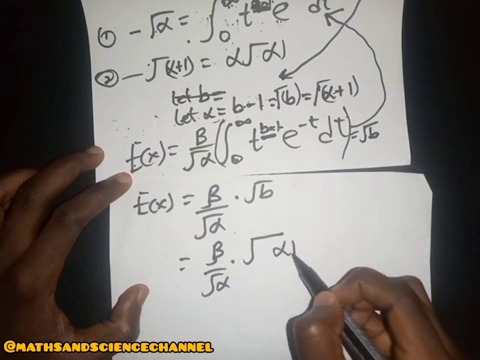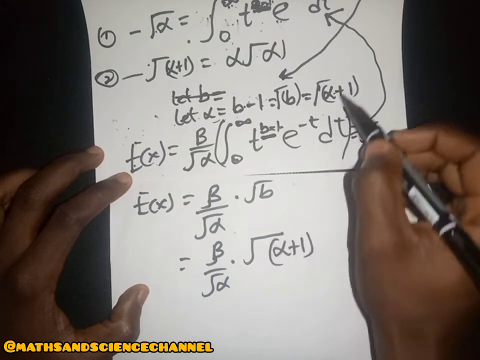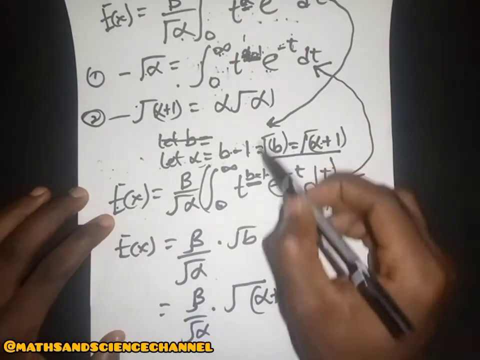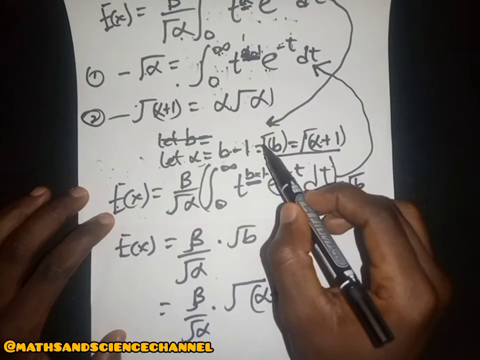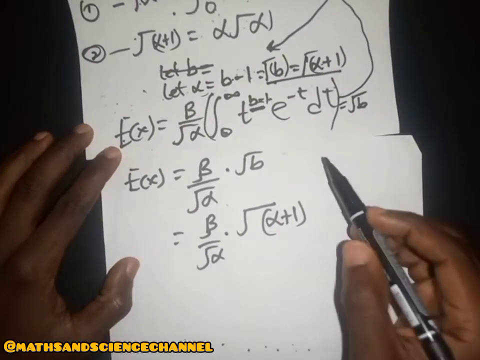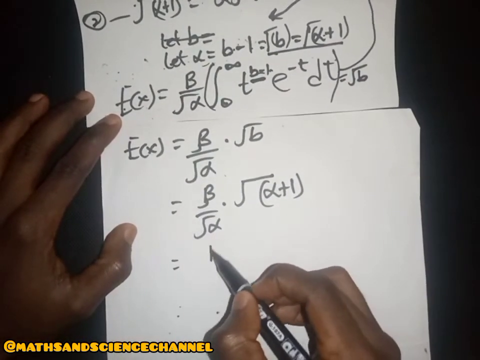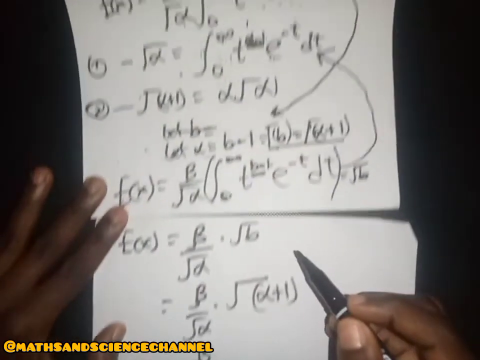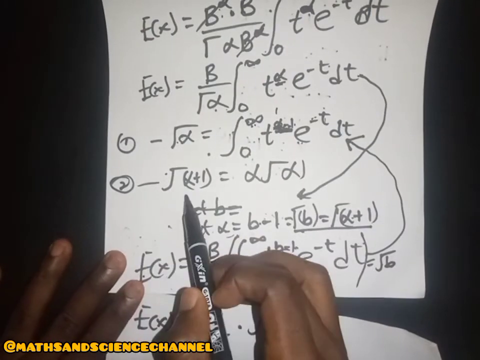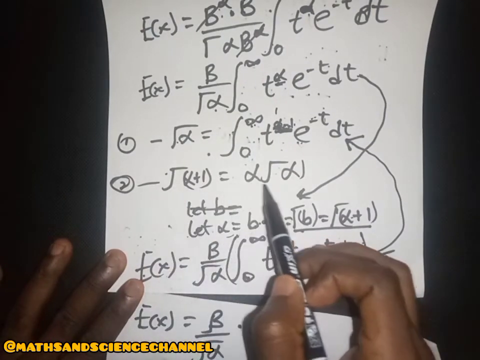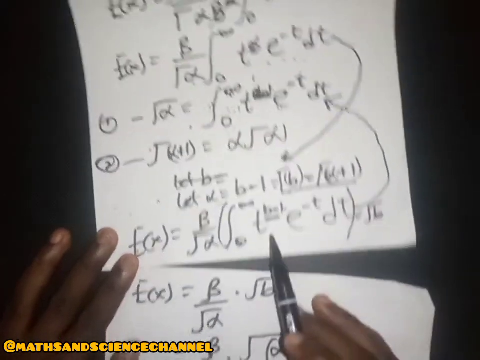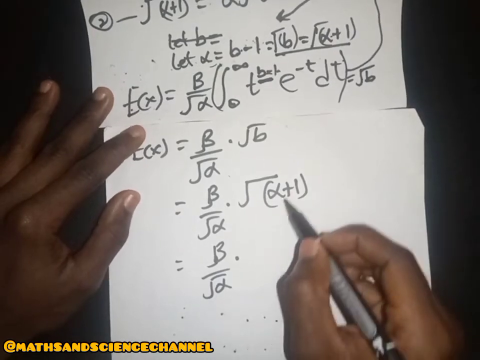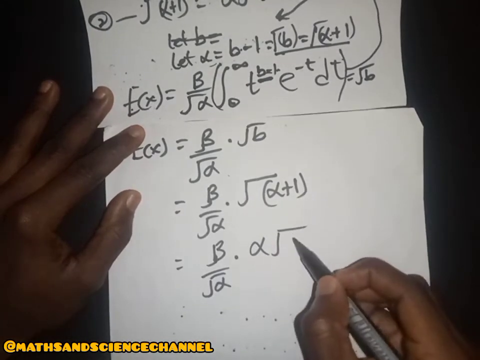Then, from the properties of the gamma function, we said that the gamma of alpha plus 1 is equal to alpha multiplied by the gamma of alpha. So we have the whole of this to be alpha multiplied by the gamma of alpha.